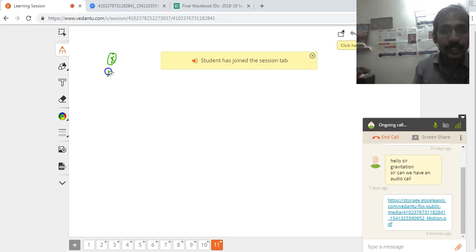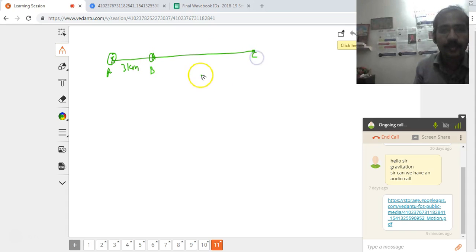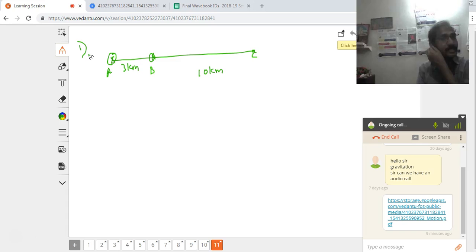An object goes from point A to point B, that is 3 kilometers. From point B to point C, 10 kilometers traveled. Okay, what is the distance and what is the displacement of this? Distance is 13 kilometers. And displacement also.